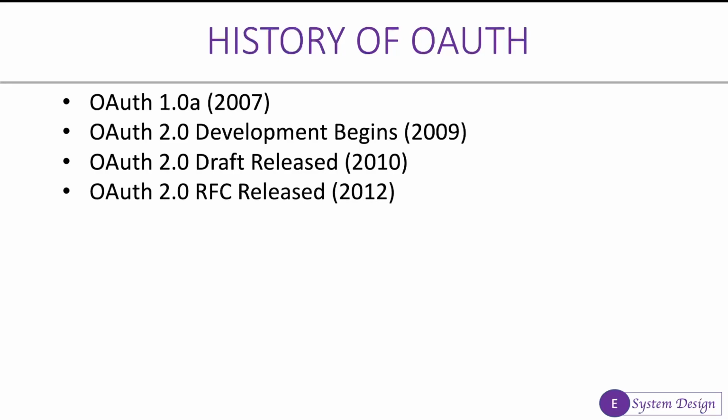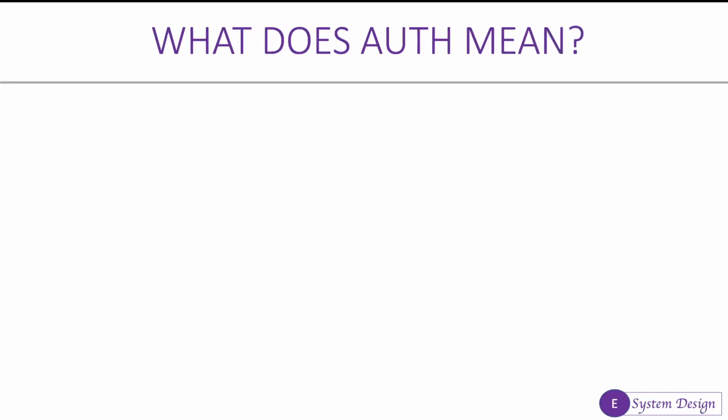In October 2012, OAuth 2.0 was published as an RFC. In response to the concerns, OAuth 2.0 was officially released in 2013, and from there it has been widely used and has evolved with ongoing discussion, improvement, and implementation.